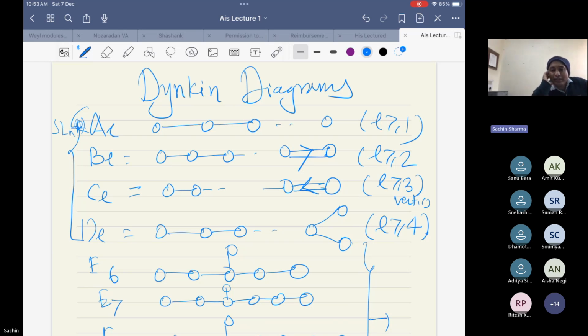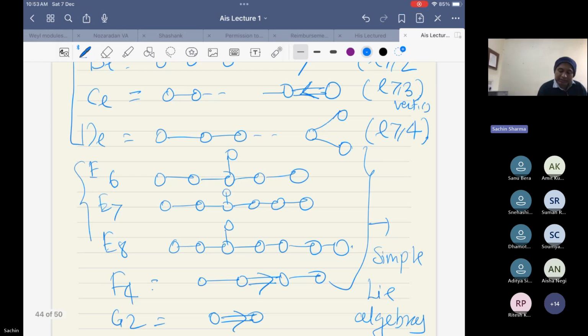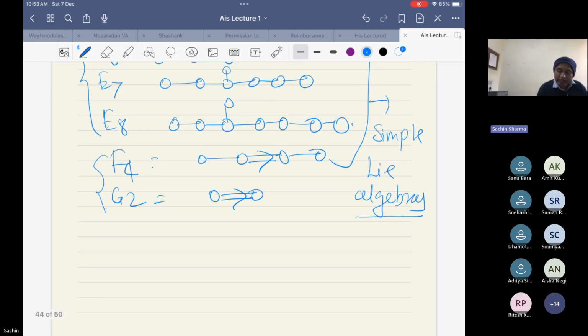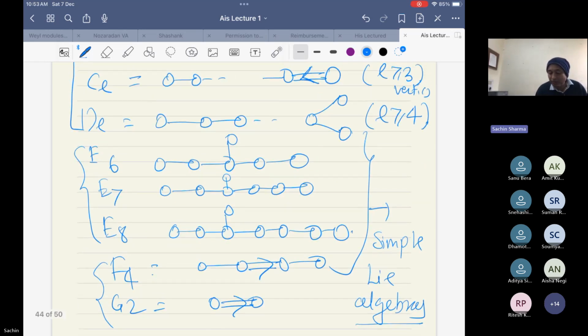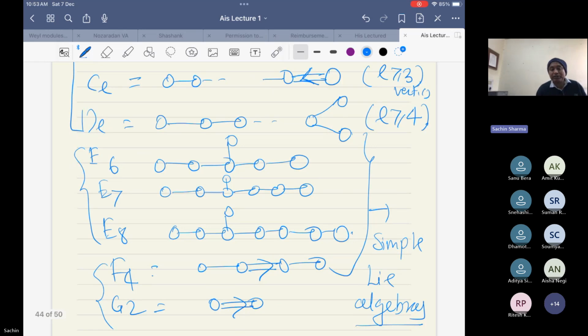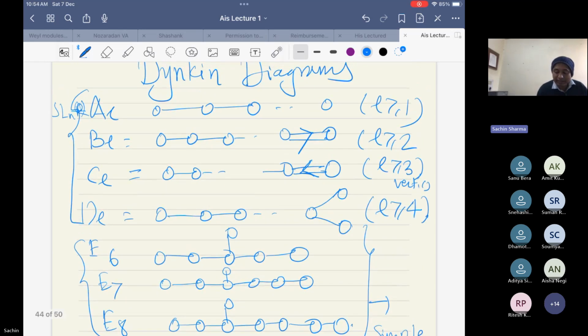These are the classical Lie algebras, because you will see that they are defined for arbitrary L. But unlike these, these are the exceptional ones. Although the Lie algebra exists with the corresponding root system, these are the special ones. And whatever you have here is the classical one.